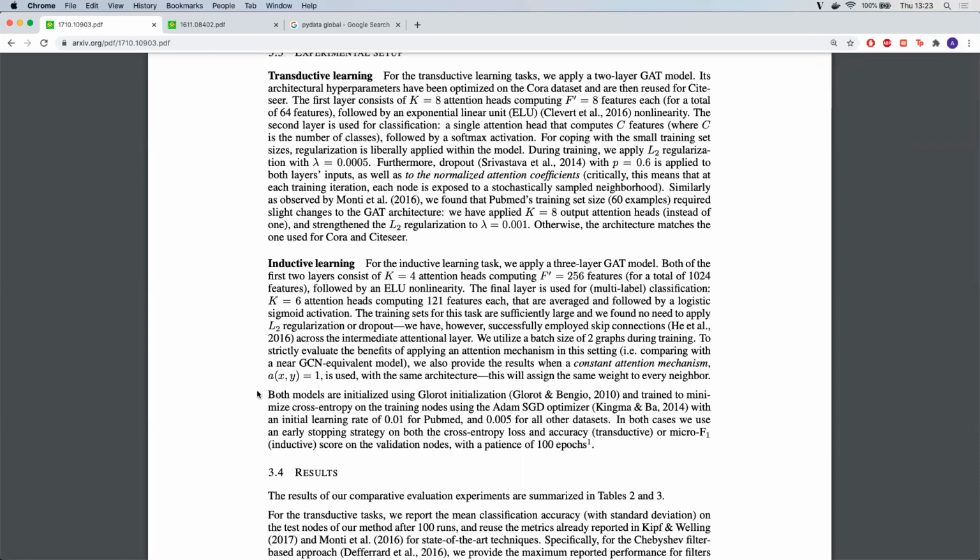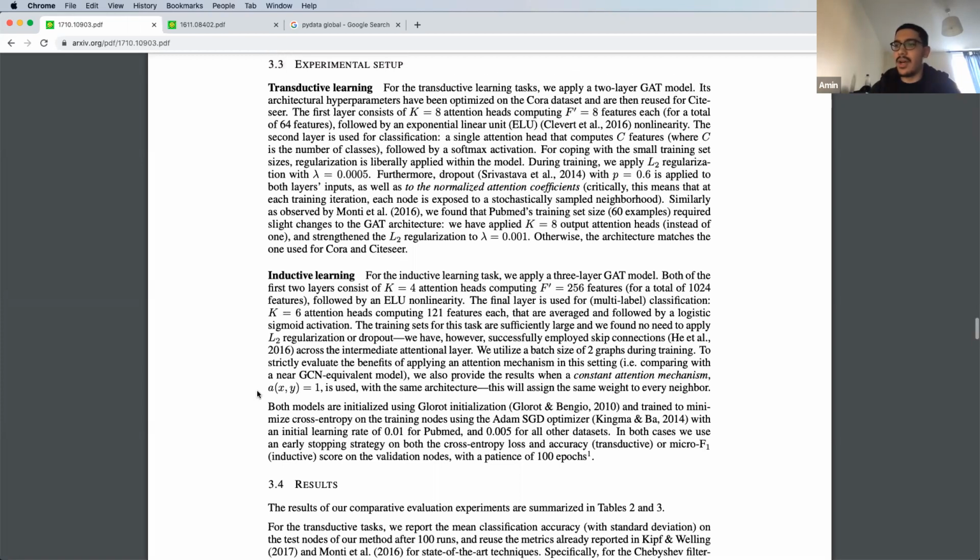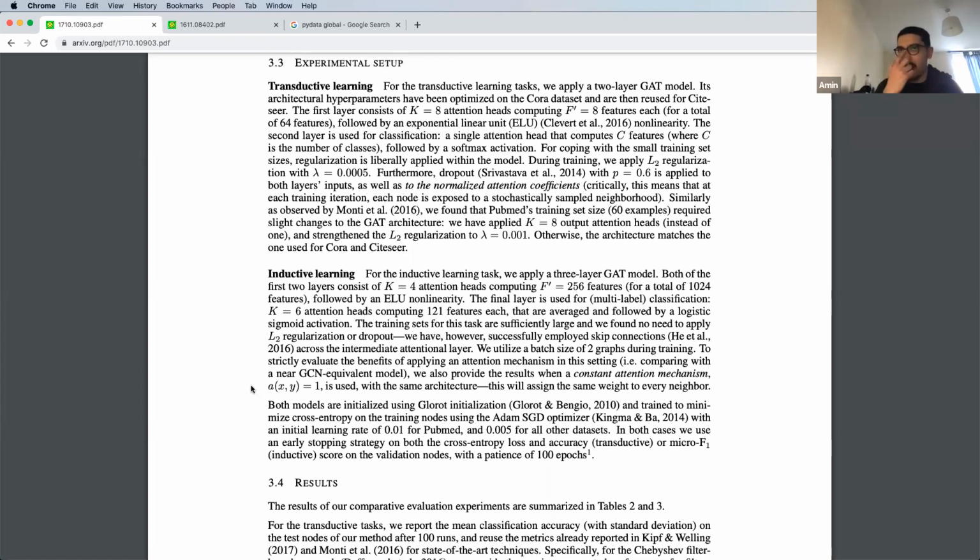Has anyone seen that approach? I think I vaguely remember seeing a KNN, k-nearest neighbor MNIST data set.